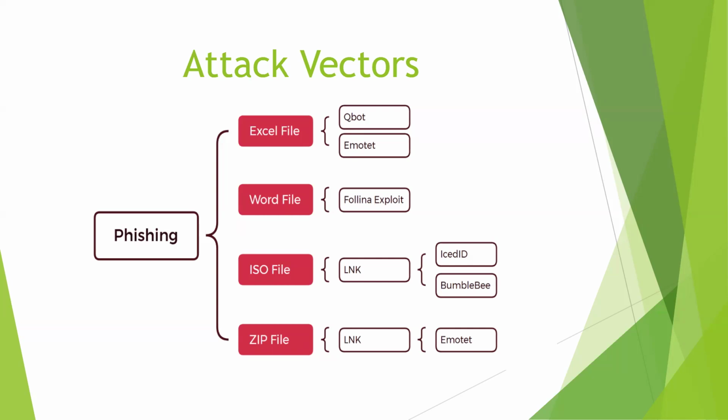The macros could maybe download some malware from a remote server. Let's say it's an Excel file that has macros, and once you execute the macros, you download the Emotet malware family.